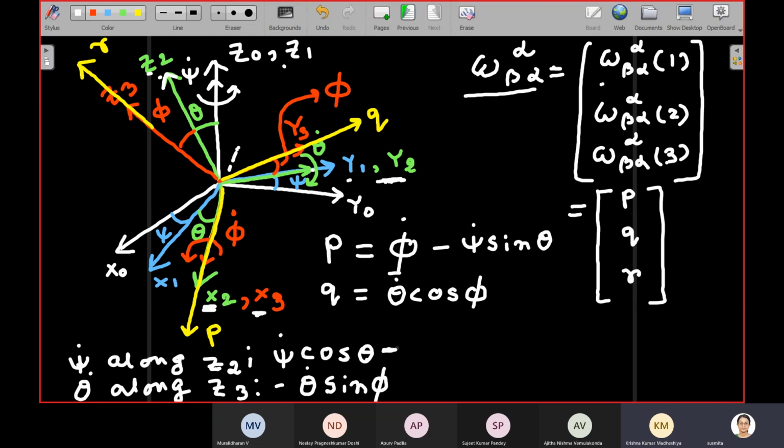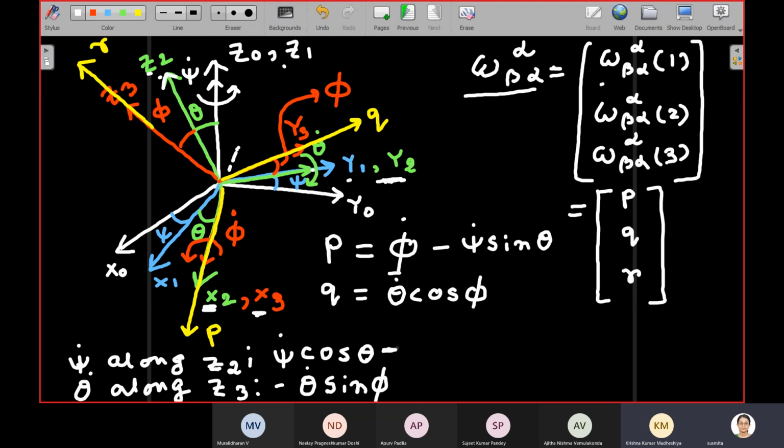Will it have a contribution along Y3? If yes, what is that? Z2 is perpendicular to X2, correct?